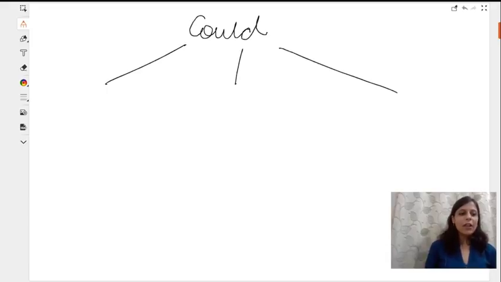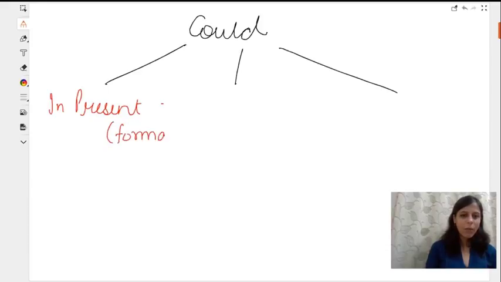The very first is in present tense, and it's more of formal. Let's say a formal conversation is going on, and I have to ask for something or make a polite request, more on a formal note.